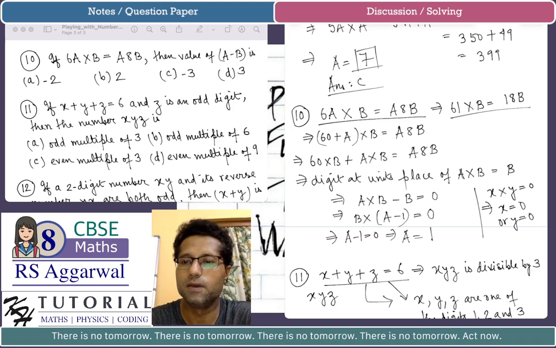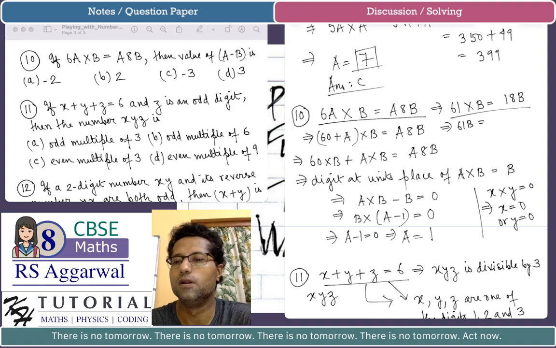Now this will imply that 61b is equal to the 3-digit number 18b, which in the general form will be 100 plus 80 plus b.